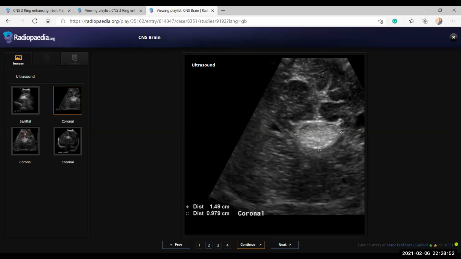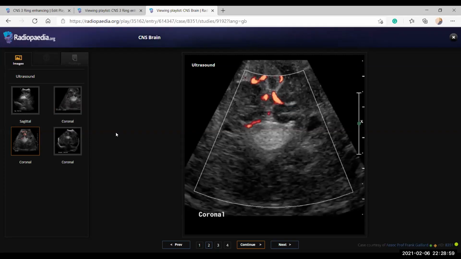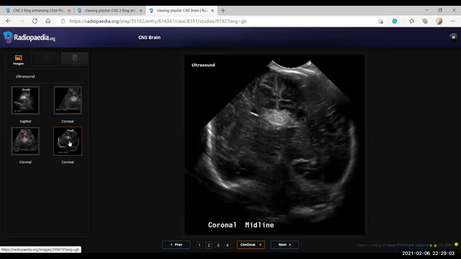I will confirm this also by looking at the coronal and sagittal images to see how developed the corpus callosum is. This power Doppler, yes, this is in the coronal image, seeing the mass with a poorly developed corpus callosum.